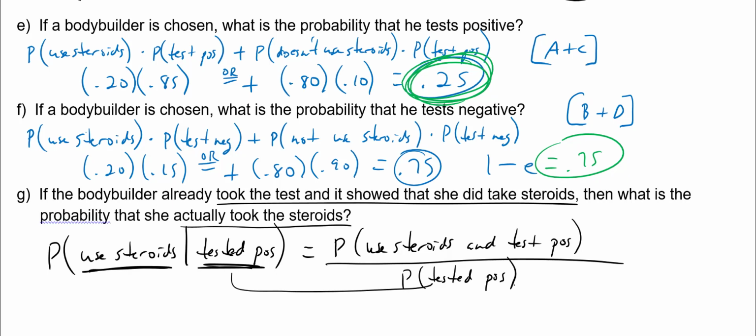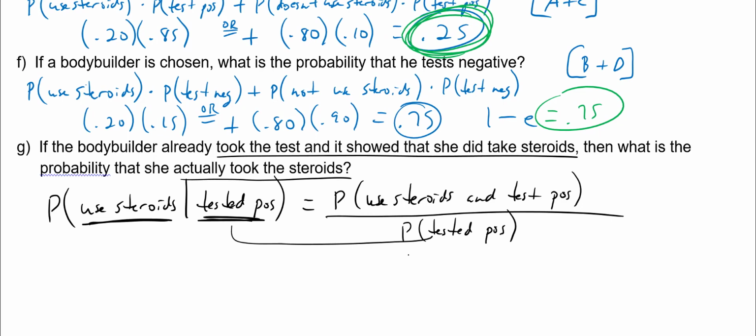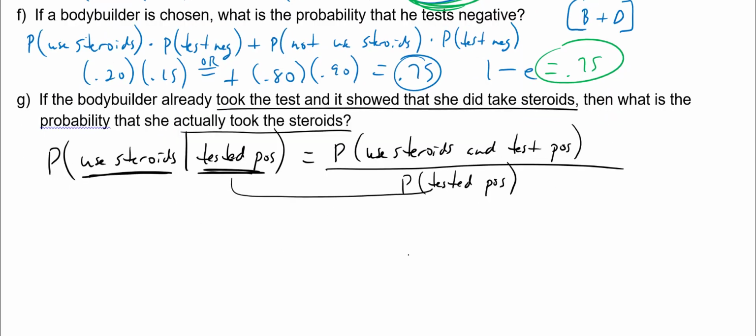So if you plug those numbers in now, we already did probability of using steroids and testing positive. That's our 0.20 using steroids times 0.85. So I'm getting that right off of that chart, right? So both of those divided by the probability of testing positive, which we already did. That's 0.25.